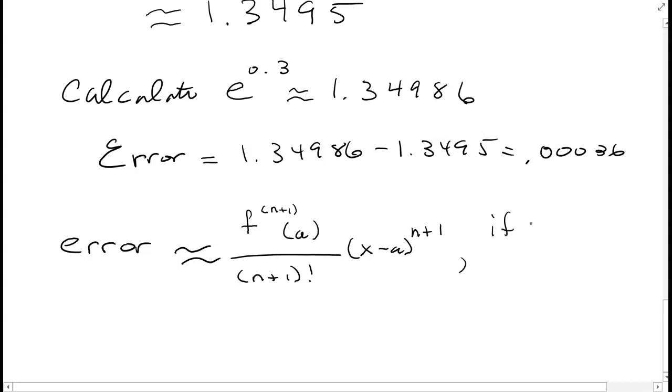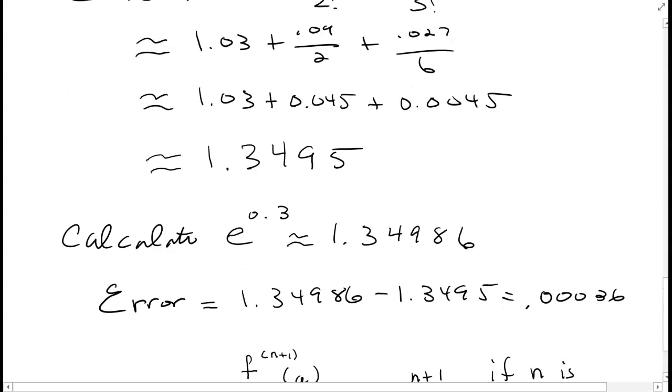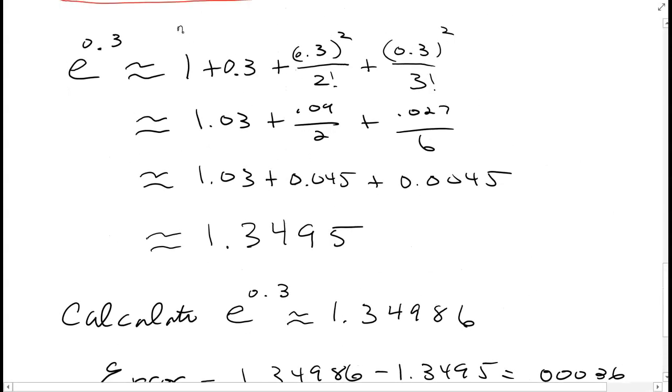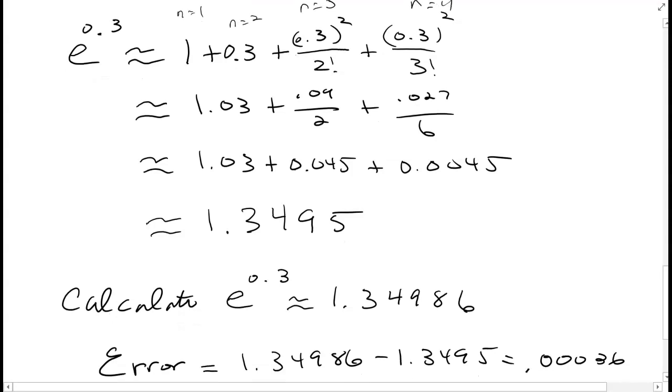So if n is the number of terms used in your estimate, for our example, we used n equaling 4. Do you see that? That's n equals 1, n equals 2, n equals 3, n equals 4.